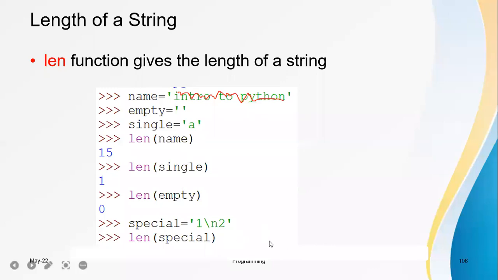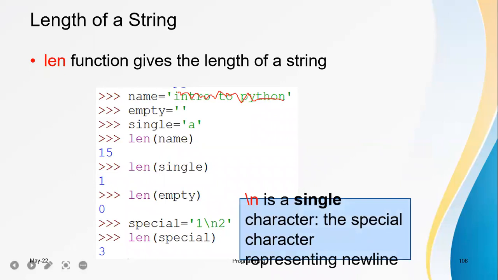Now what will happen? Can you see here? Length of 1. I don't want 2, that is, I am giving a backward slash. So that will be taken once again as a character. A backward slash n will be taken as one character, then 2.